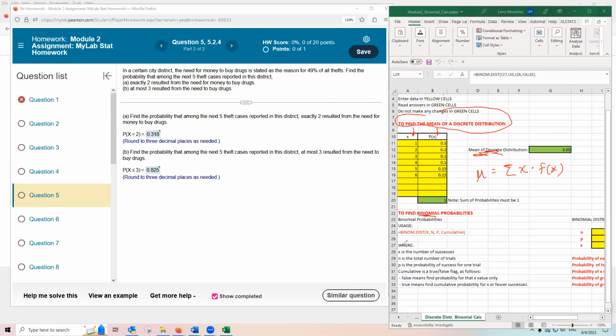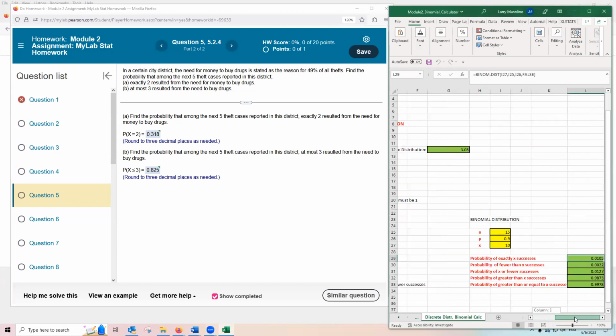It says to find binomial probabilities. This is the formula to use. But to make it a little easier, I've created a little bit of a template here. So I'm going to come over to these yellow boxes right here. Notice it says here is a value for N, P, and X. And once you enter values into these yellow boxes, behind the scenes, Excel is going to use this binom.dist function to come up with the probability of exactly X successes, probability of fewer.